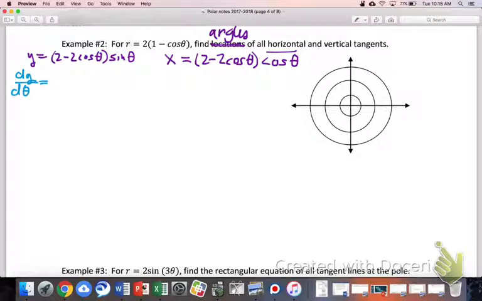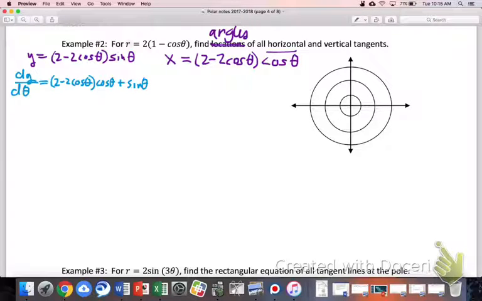It's going to be a product rule. So it's going to be 1 d2 plus 2 d1, and d1 is just going to be 2 sine of θ. Make sense?